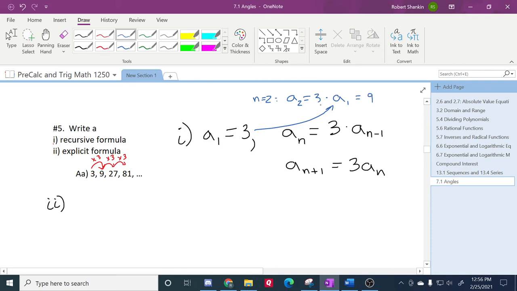So that would tell you that a sub 2 is 9, which is correct. And then you do it again with n equals 3 and so on. Okay? So this is a subscript 1 smaller than that.